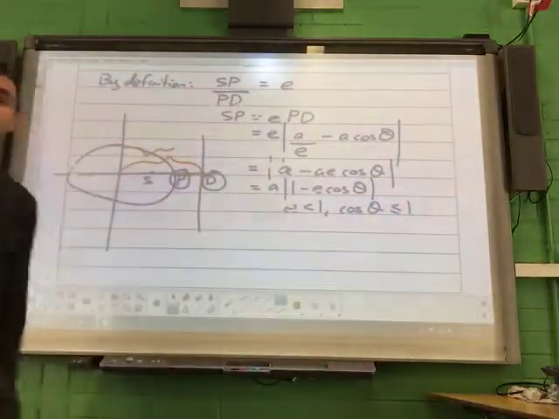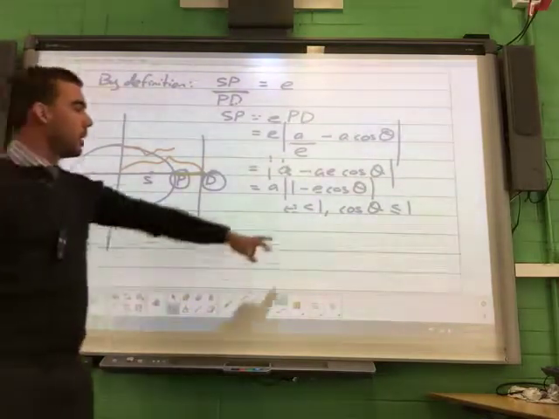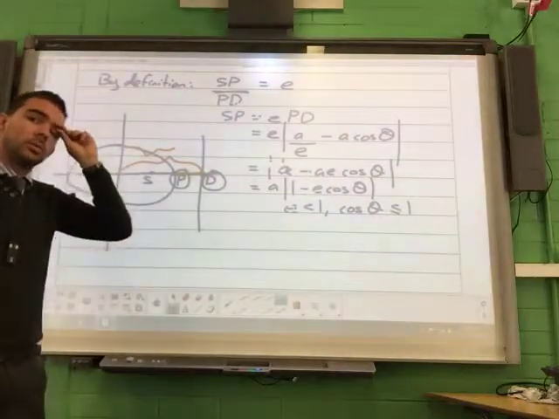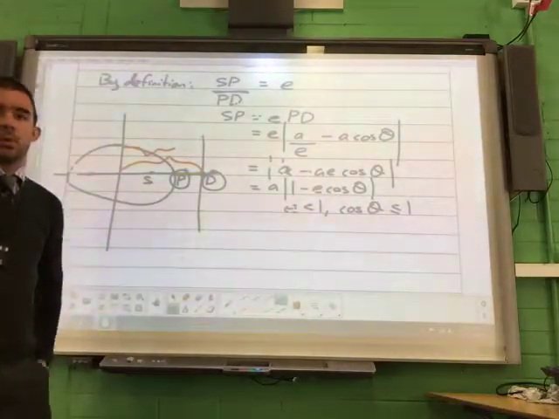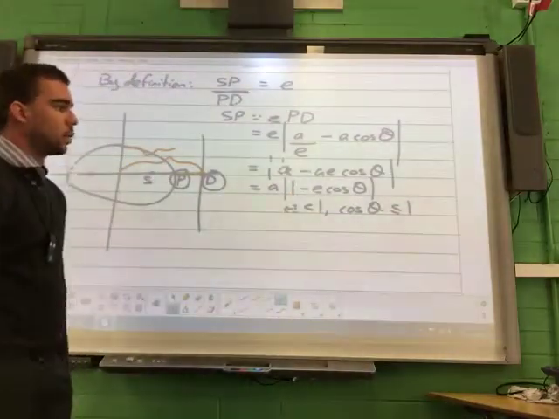Thinking about your cos curve, the y value is going to be less than or equal to 1. If I multiply two numbers which are less than 1, the result is also going to be less than 1, isn't it? So E cos theta is going to be less than 1.